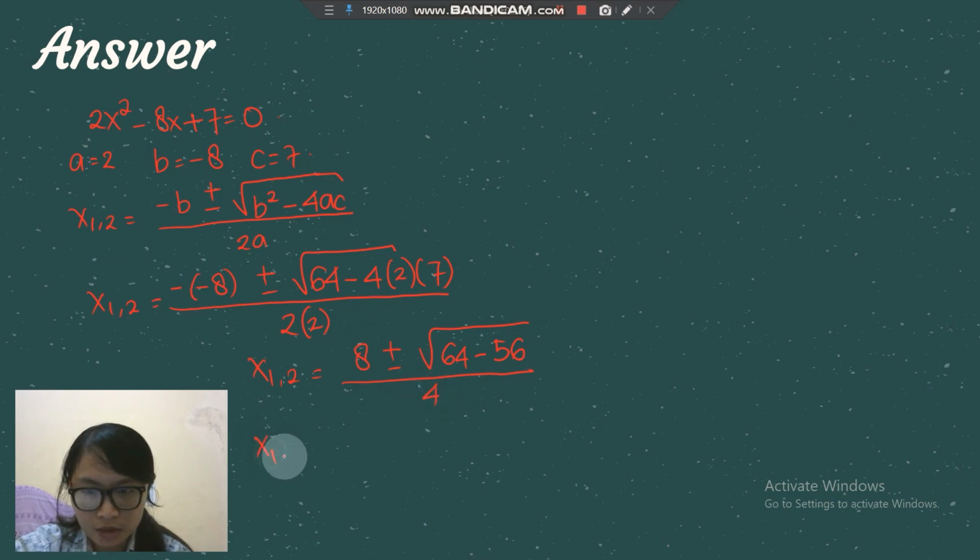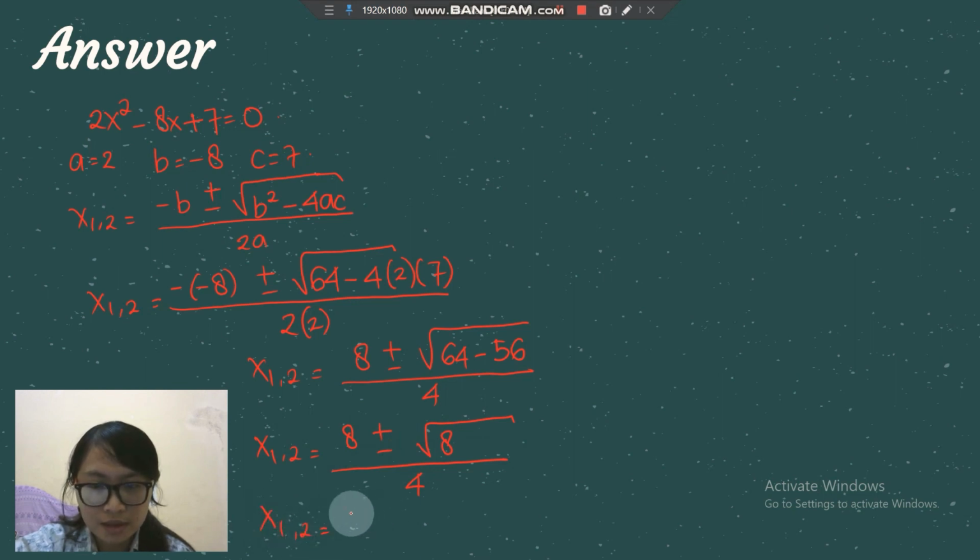So x1,2 equals 8 plus minus square root of 8, divided by 4. So x1,2 equals 8 plus minus 2 square root of 2, divided by 4.